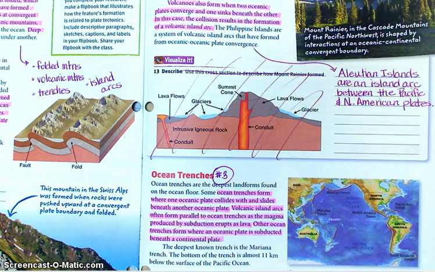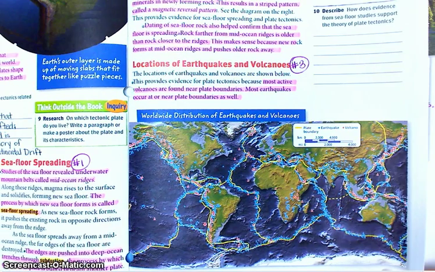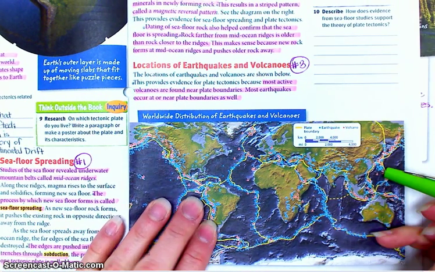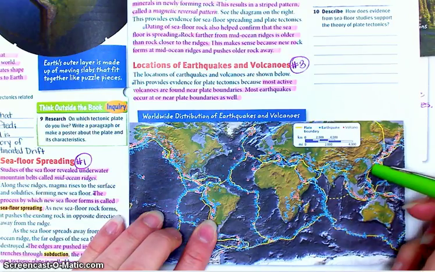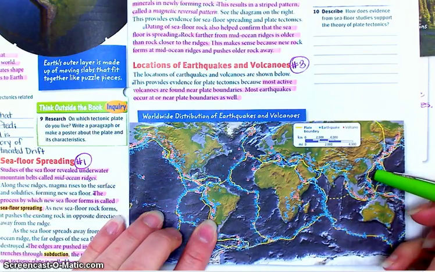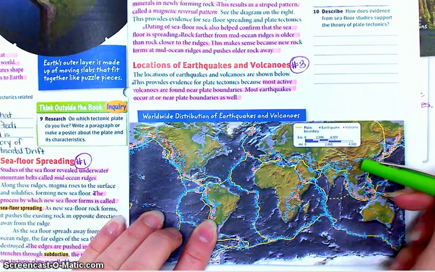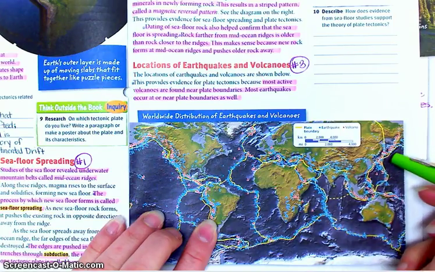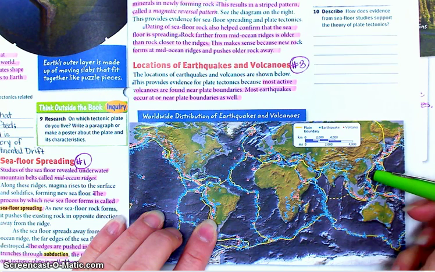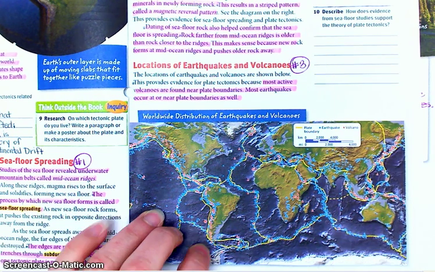It's really deep. This would be the Mariana Trench right here. This is the Filipino plate, and it is being converged, subducted under the Eurasian plate, and then also the Pacific and the Filipino plate are converging and forming that ocean trench.